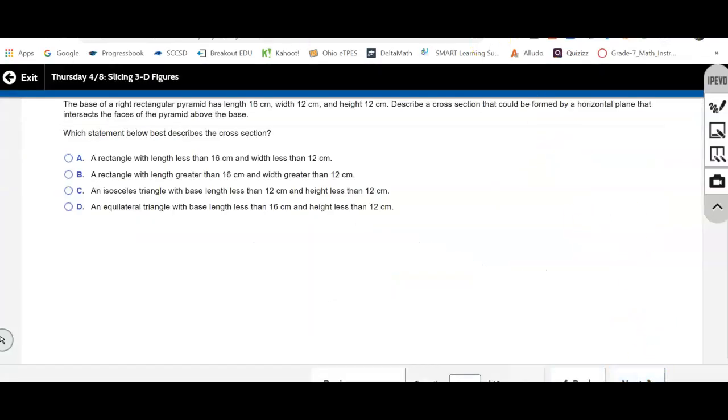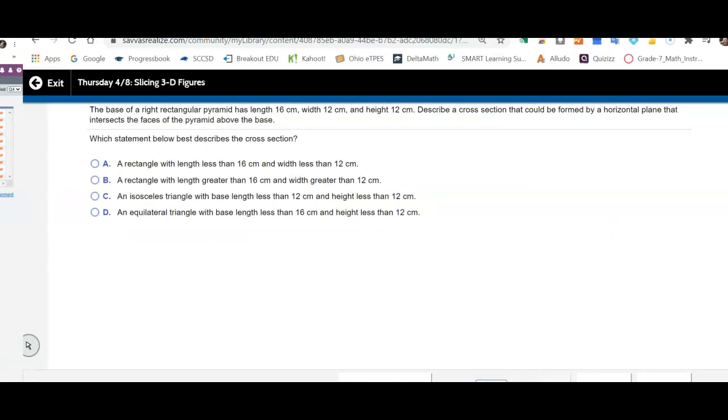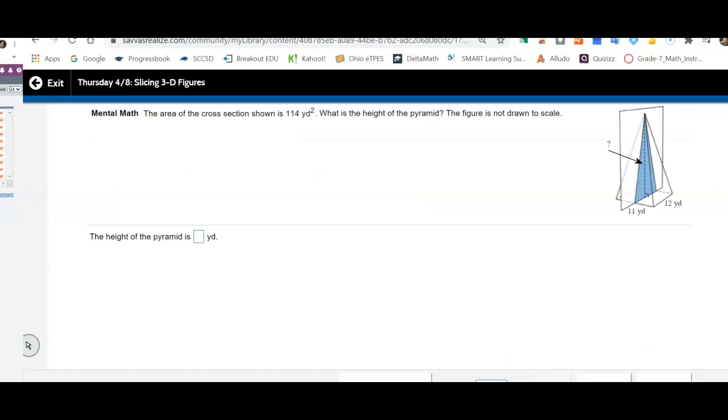And then question 19 is, it does not say it's a challenge question, but it's kind of a challenge question. Anybody know the formula for finding the area of a triangle? What is it? Remember? We're finding a triangle. Area of a triangle. That's what they're giving us up here, right?